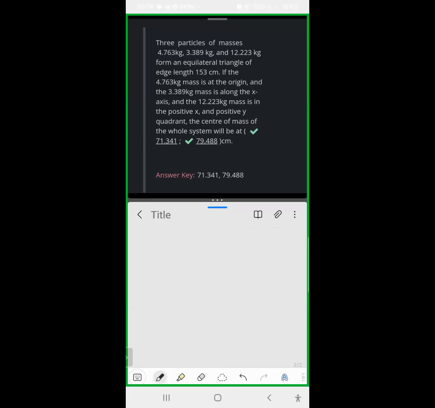We are given that these three particles form an equilateral triangle, and we all know that an equilateral triangle is a triangle with equal sides. So this is our equilateral triangle, and each edge length is 153 centimeters.